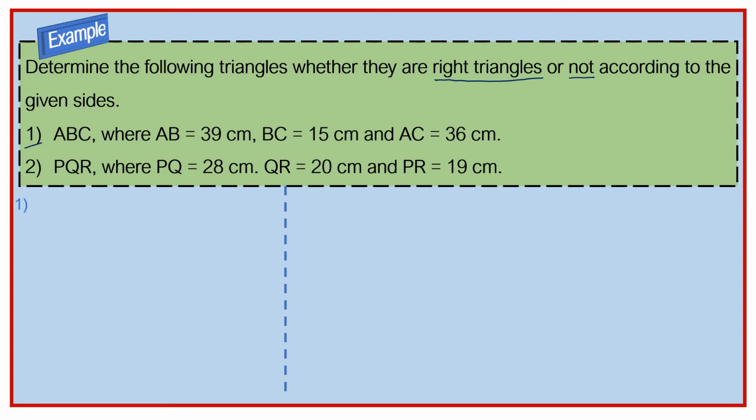Number 1, ABC, where AB is 39 centimeters, BC is 15 centimeters, and AC is 36 centimeters. Number 2, PQR, where PQ is 28 centimeters, QR equals 20 centimeters, and PR equals 19 centimeters.